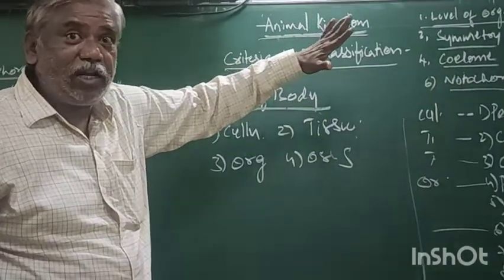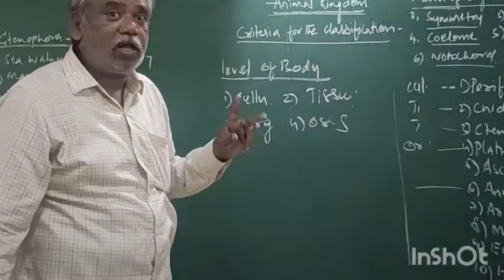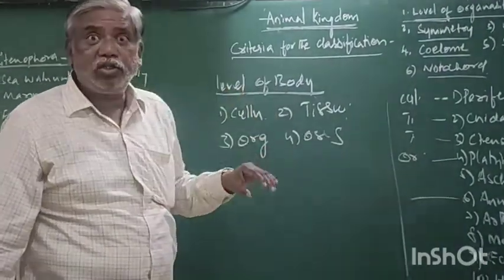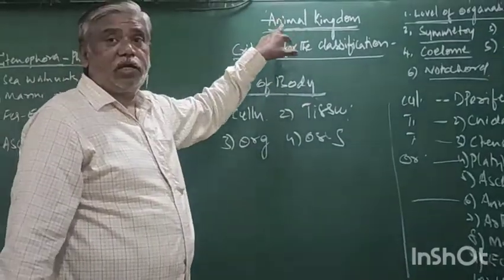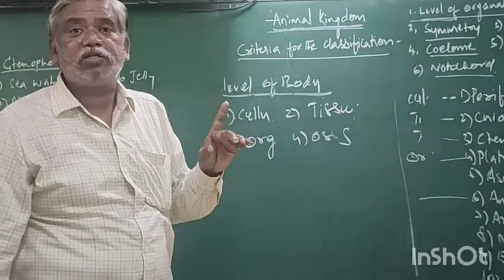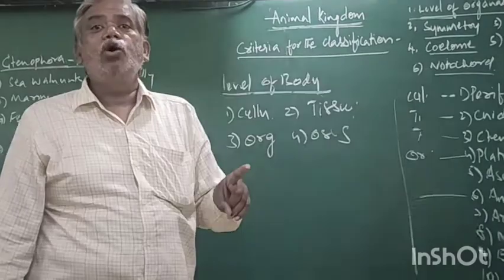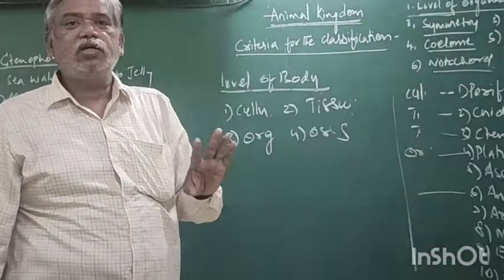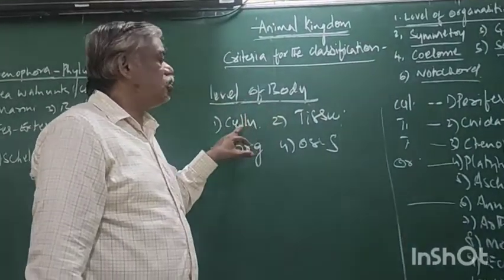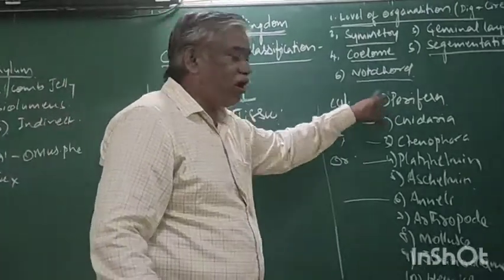There is no unicellular. Hence, we cannot see the molecular, submicroscopic molecular, and protoplasmic levels. The lowest level of body organization in the animal kingdom is cellular, for example Porifera.